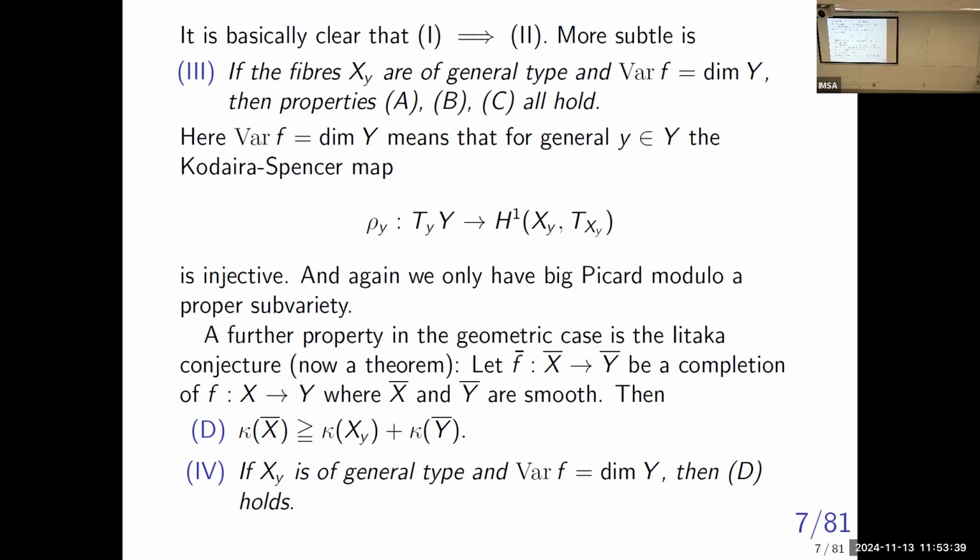You notice here, we're just assuming the Kodaira dimension of the fiber is equal to the dimension of the fiber. It should be of general type. Kodaira dimension involves not just the canonical bundle, but powers of the canonical bundle. So the interesting point here is how to extract Hodge theoretic information from powers of the canonical bundle.